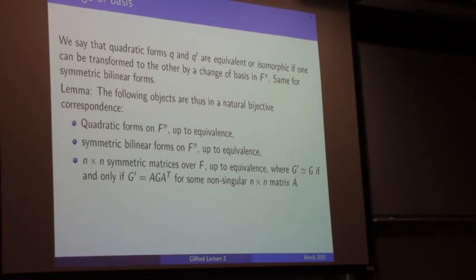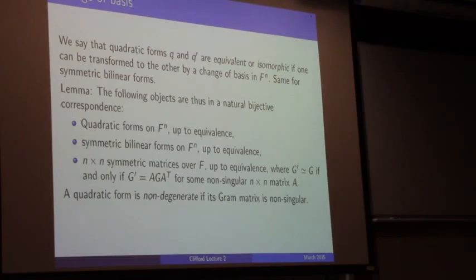So I've already talked about quadratic forms and symmetric bilinear forms being recoverable from each other. And so if we associate to a quadratic form its Gram matrix, then two forms are equivalent if and only if their Gram matrices are related by this formula here for some non-singular n by n matrix A, which is the change of coordinates matrix.